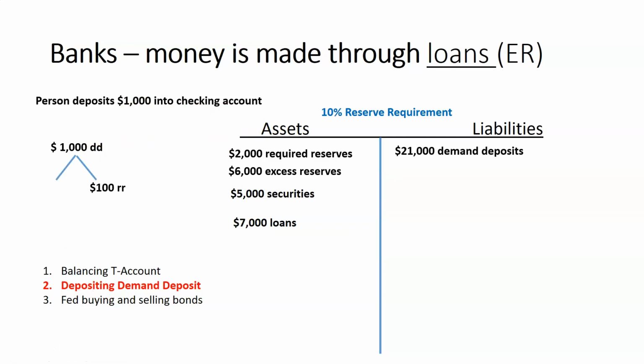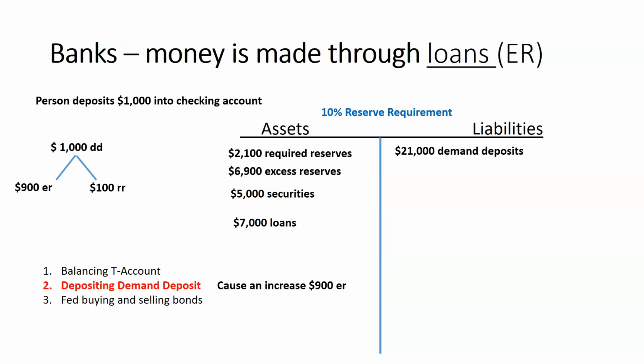And so what that means is 10% of that has to go into the required reserves and 900 goes into the excess reserves. And so when I look at that distribution and how that will affect the asset side, what you'll see here is that you'll have 2,100 in the required reserves and you'll have 6,900 in the excess reserves. You can't change the securities in the loans because those are things that have already been done.